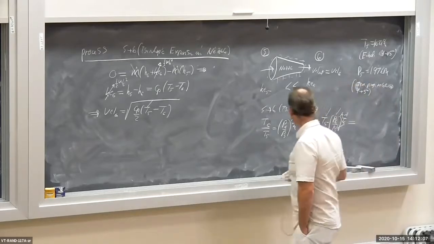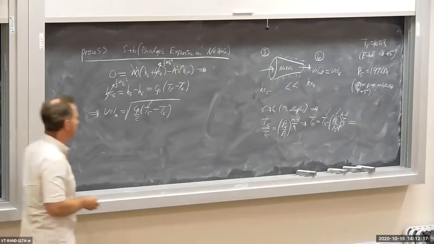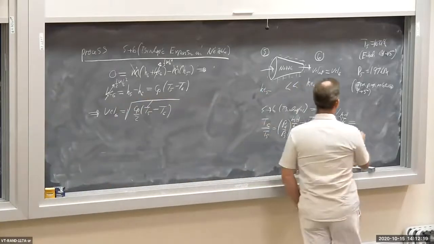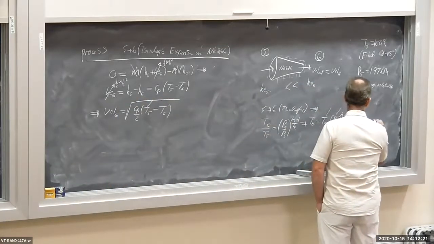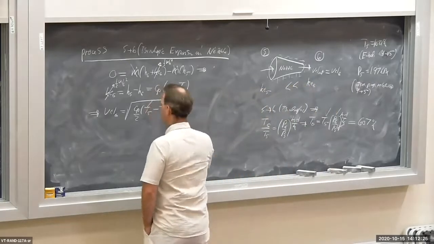Let's see here. I plug in, starting to skip some stuff here, but I want to get this finished up. T6, what is T6? 607 degrees Kelvin. Now I have everything. Oh boy, okay.